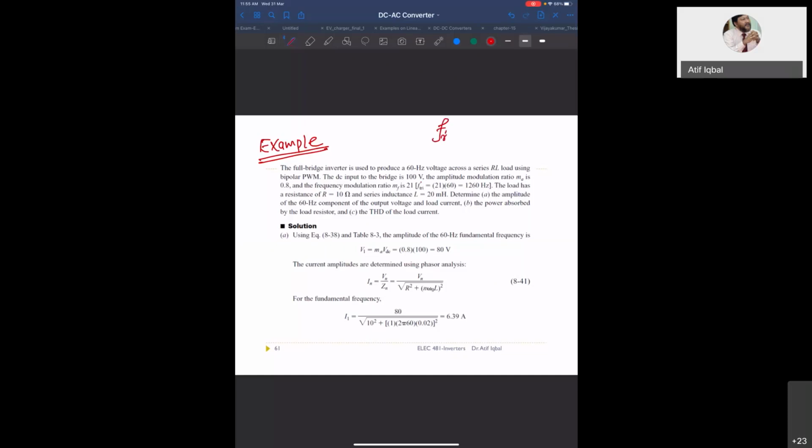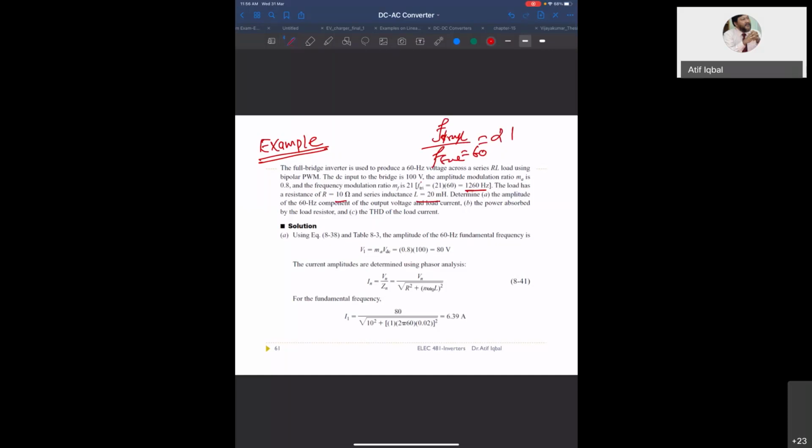So 21 means f triangle, or f carrier, over f sine wave, equal to 60. So the frequency of the triangle should be 1260 Hertz.